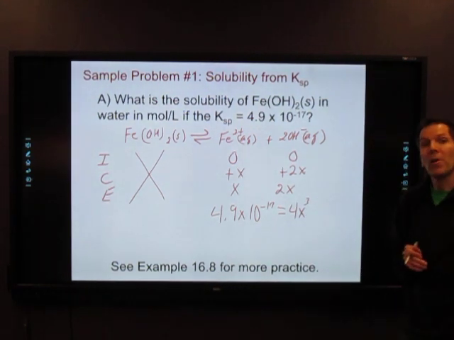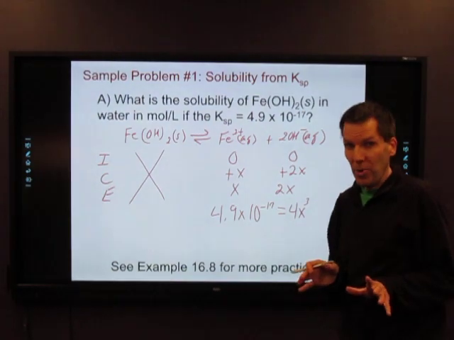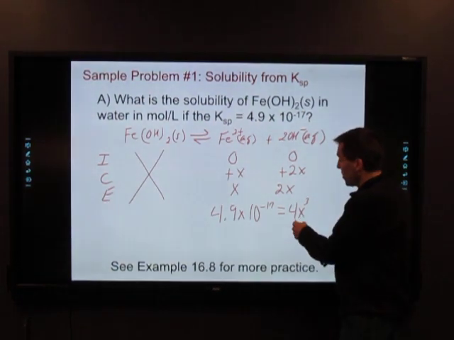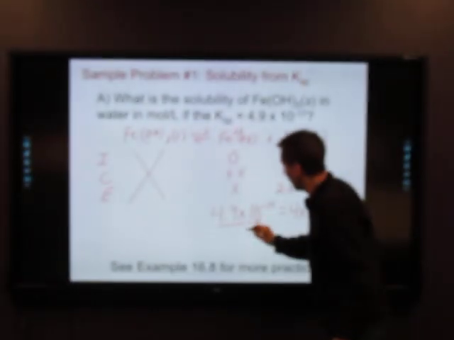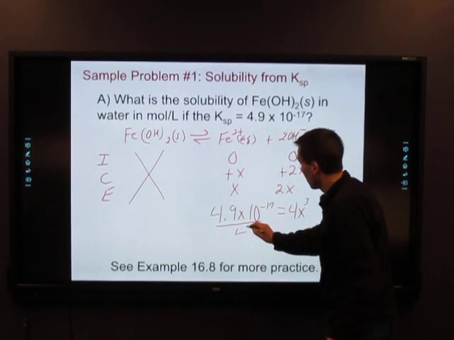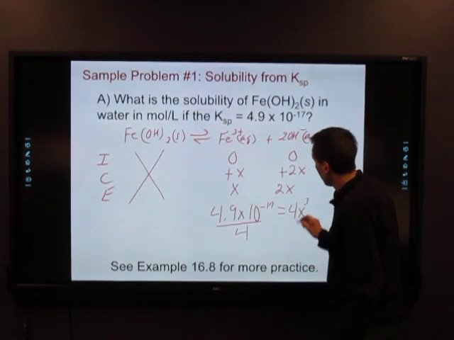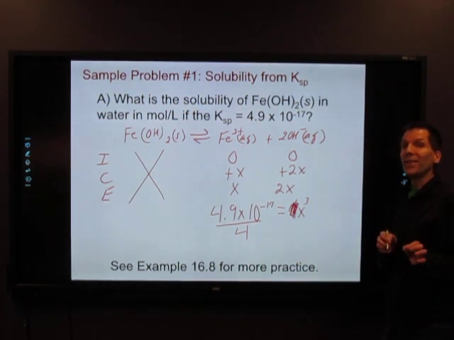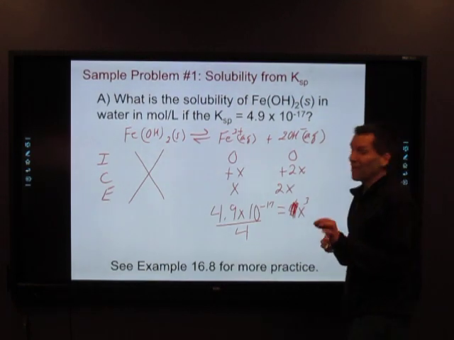You can see right away we're not going to need the quadratic in this problem, because we don't have any subtracted x's. And so then we just divide this side by 4. That'll go away. And then we take the cube root of that, and that will give us the value of x.